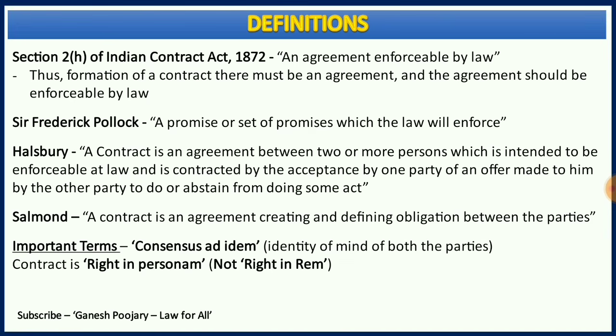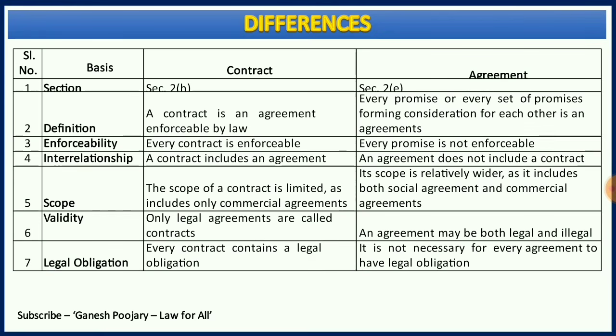With that, let us move to the differences between contract and agreement. Let us discuss a few important differences between contract and agreement. Contract is discussed under section 2(h) of the Act by saying a contract is an agreement enforceable by law.